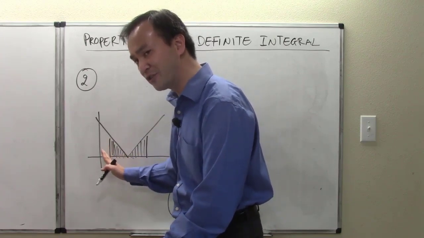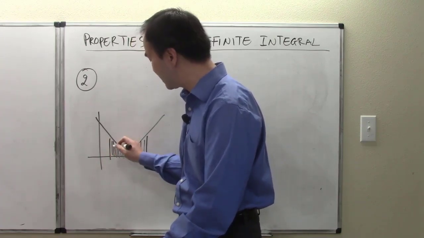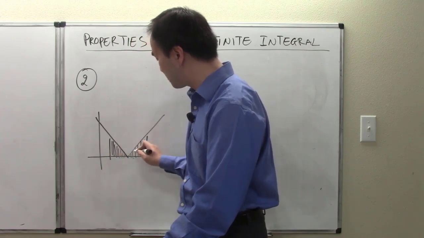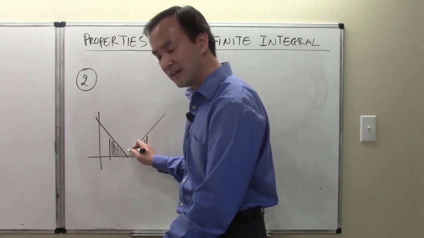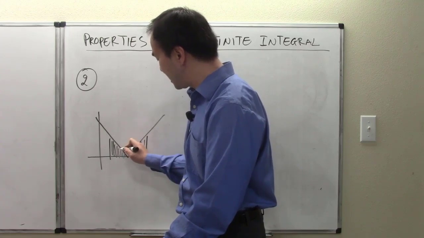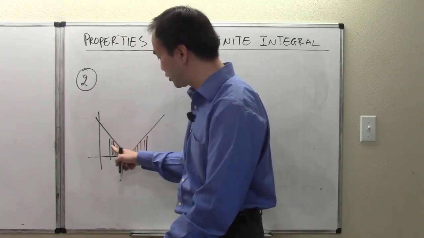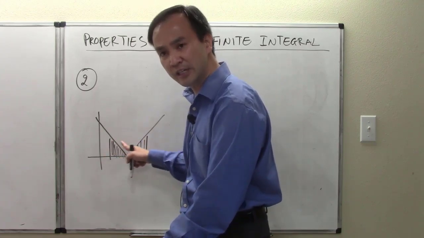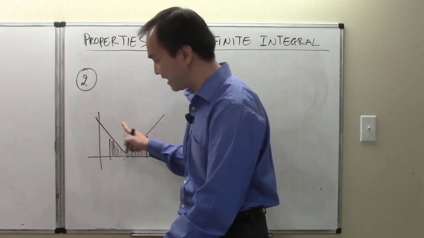Again, I constantly remind everyone it's accumulation. Even though we broke it down into two separate accumulations, in the end they were two separate areas that we were accumulating together, if we think of it in terms of a picture.